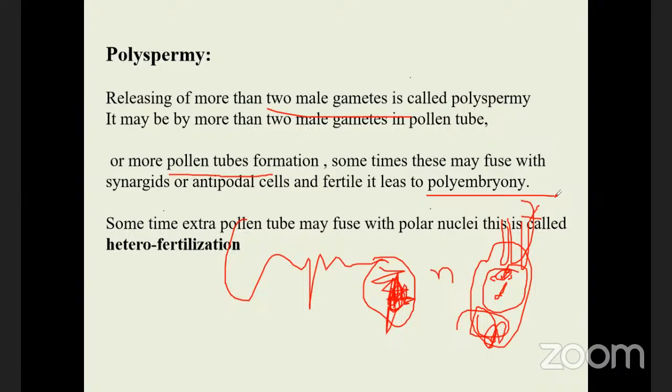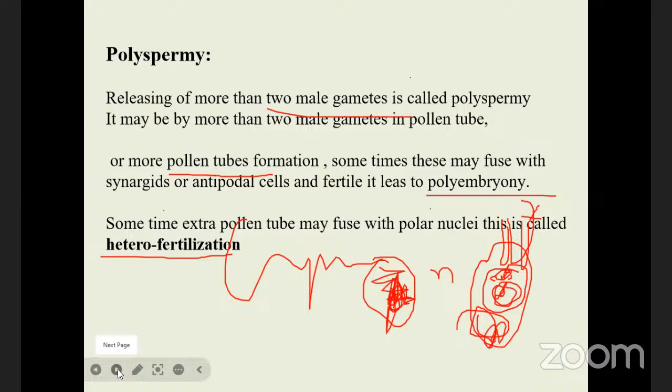Sometimes an extra pollen tube may fuse with the polar nuclei, the secondary nucleus. It's called heterofertilization, not homofertilization. These happen in three ways. What are these ways?